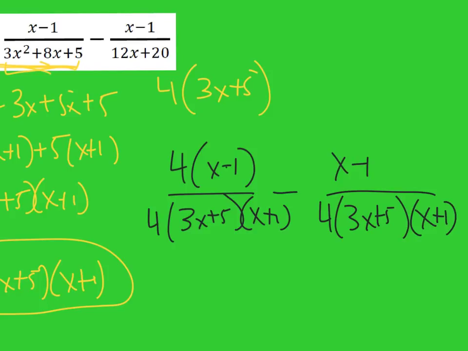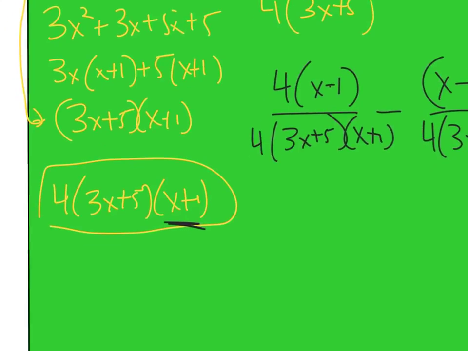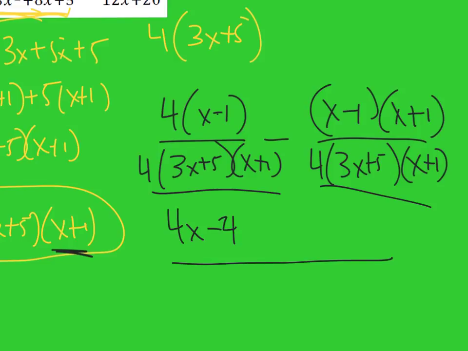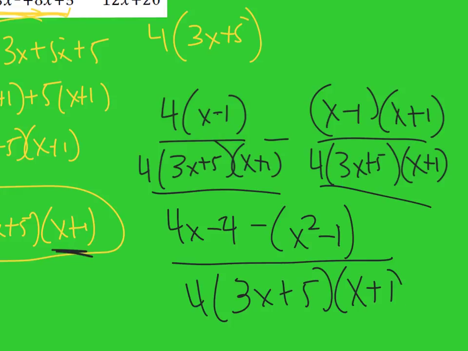I've got x minus 1, and then I need to add an x plus 1 to the top. Once I factor this, I need to rewrite using my common denominator. Now, I've got a common denominator. Put this all in one problem, and I'm going to kill two birds with one stone and go like so, all over 4(3x plus 5)(x plus 1).